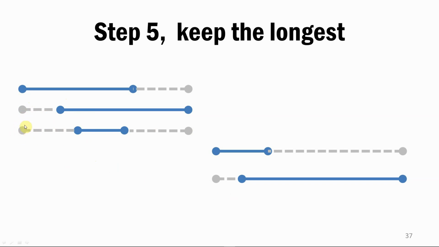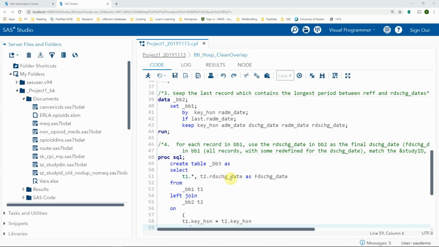Which means that for these three records, we will know that we should use this revised admission date in BB2, right? It's the same for this case, and that's what the code is doing here in this step.